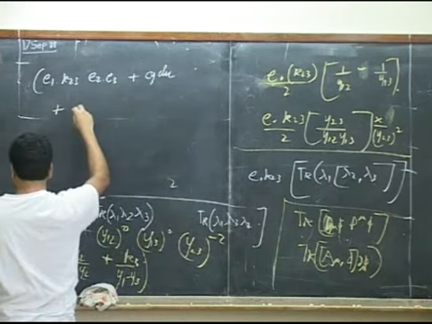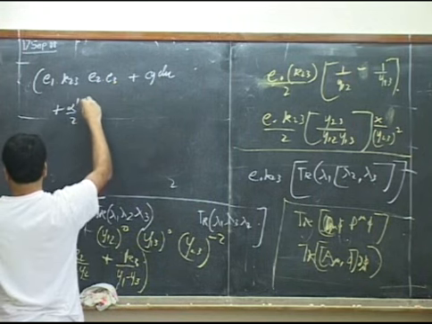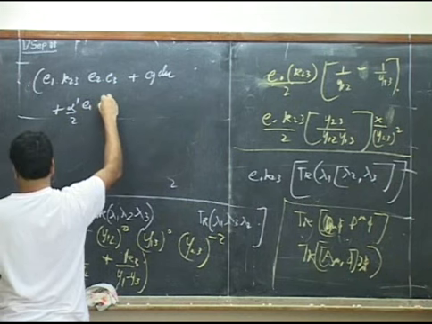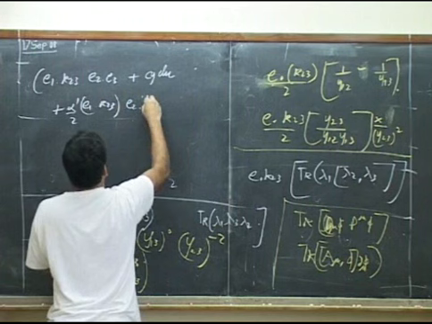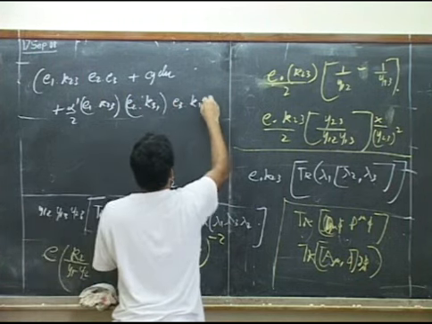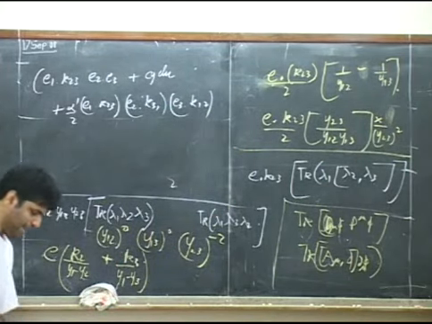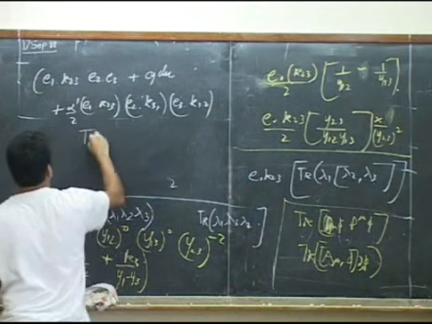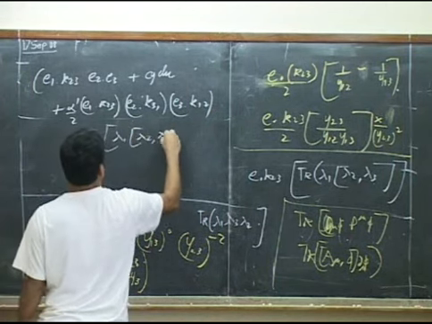And then there's a special term, which is plus alpha prime by 2 E1 dot K23 into E2 dot K31 into E3 dot K12. And everything is multiplied by the trace of lambda 1, lambda 2, lambda 3.